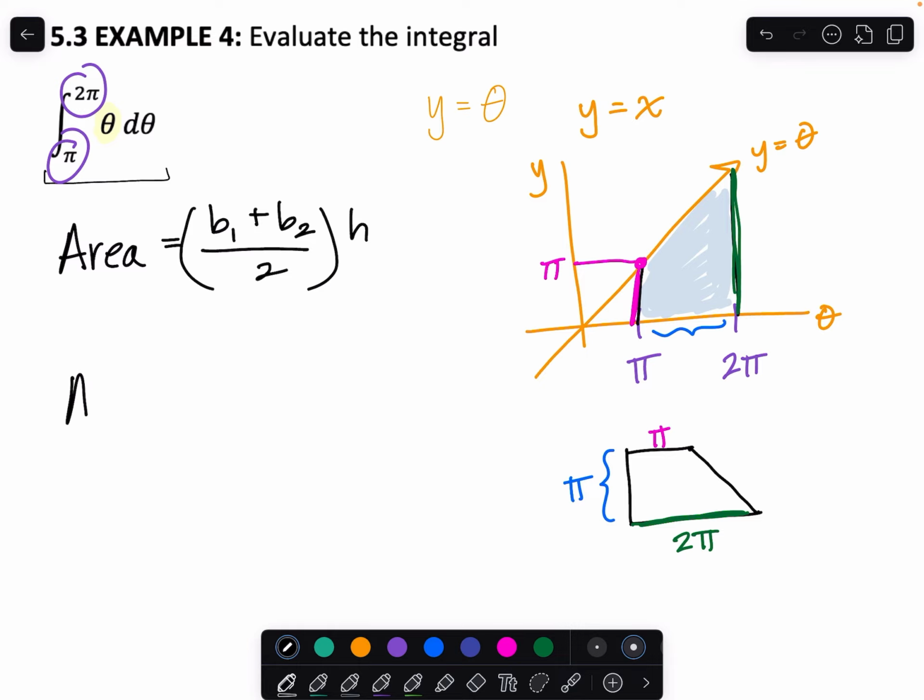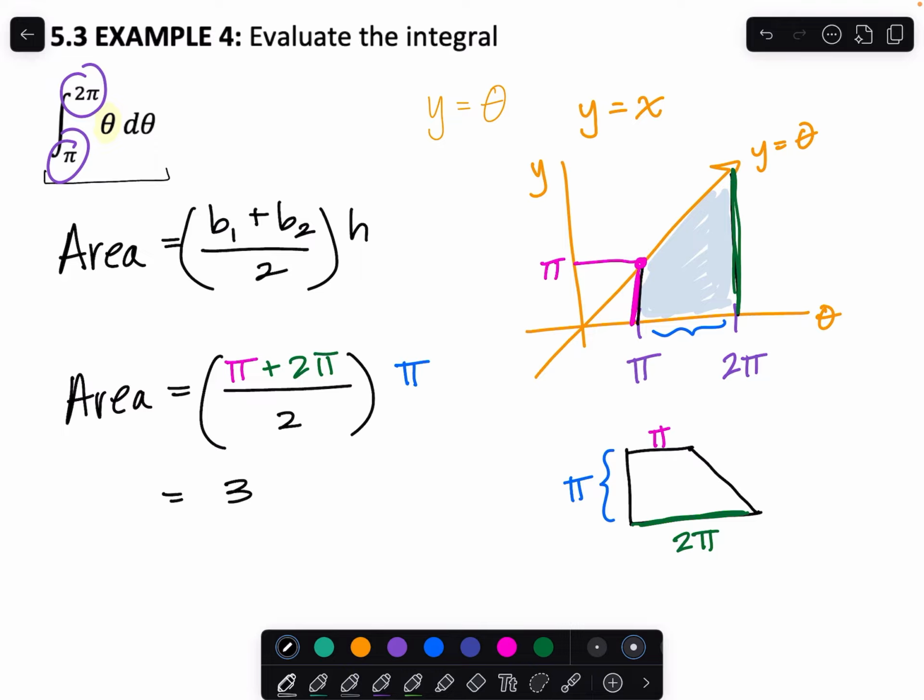So in this instance, the area, because this is a regular geometric shape, is that top base pi plus the bottom base 2 pi, all divided by 2 times that height, which is pi units.